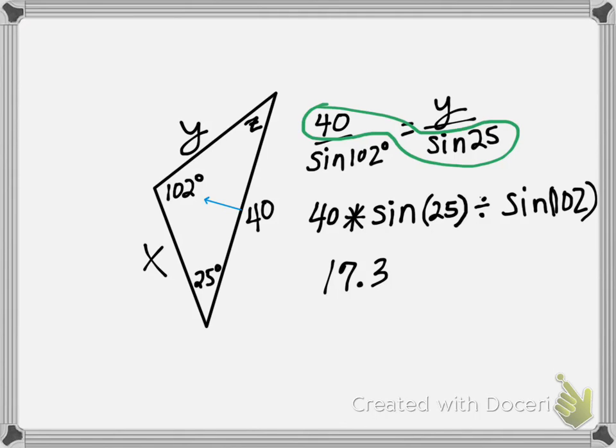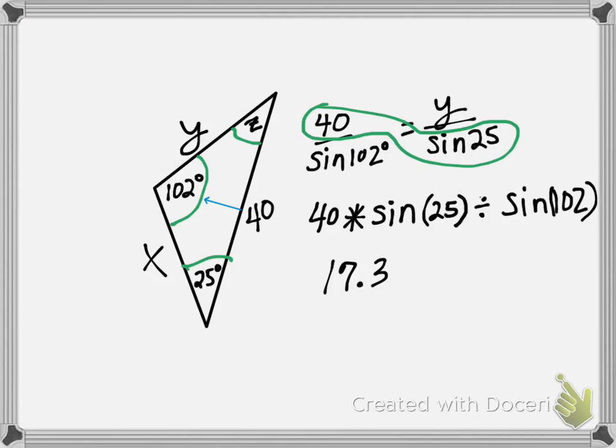But I do want to talk to you about the rule that you may have studied previously, that the sum of the interior angles of a triangle, that is the 102, the 25, and the z over here, actually add up to 180 degrees.